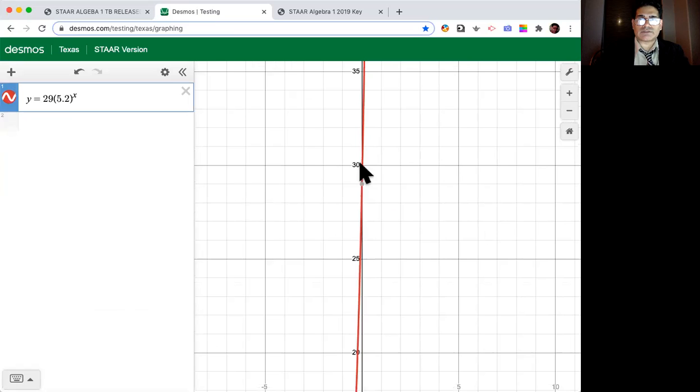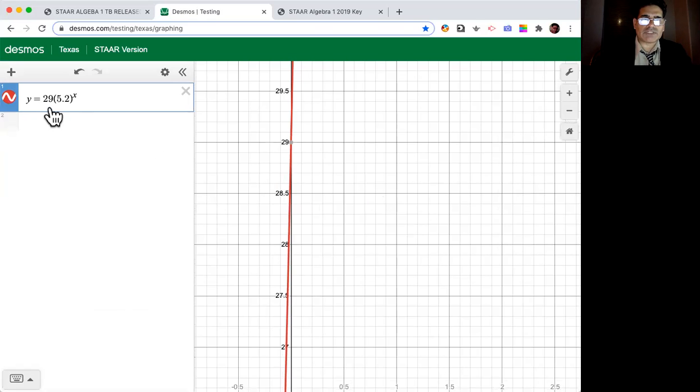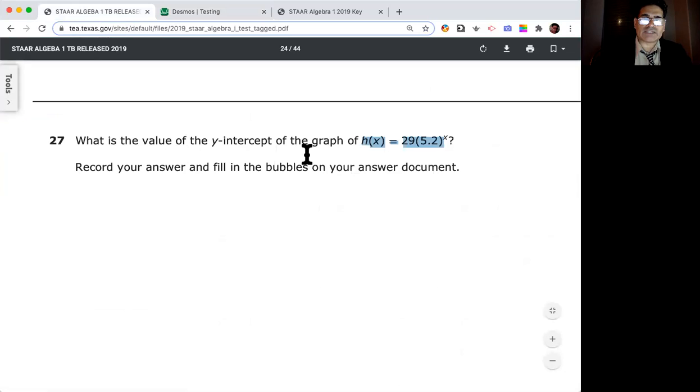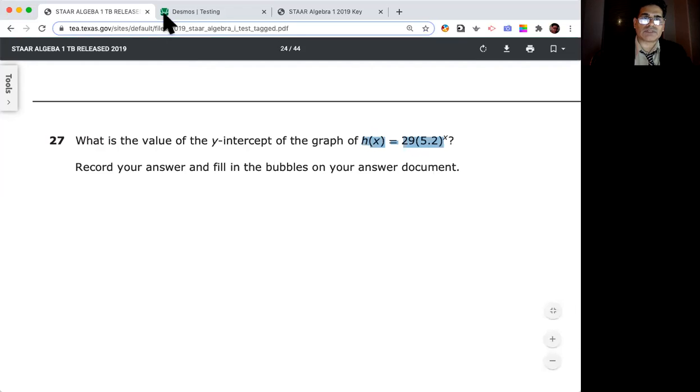Zoom in, zoom in, zoom in. Look at my 29. Okay, and the question is, what is the value of the y-intercept?